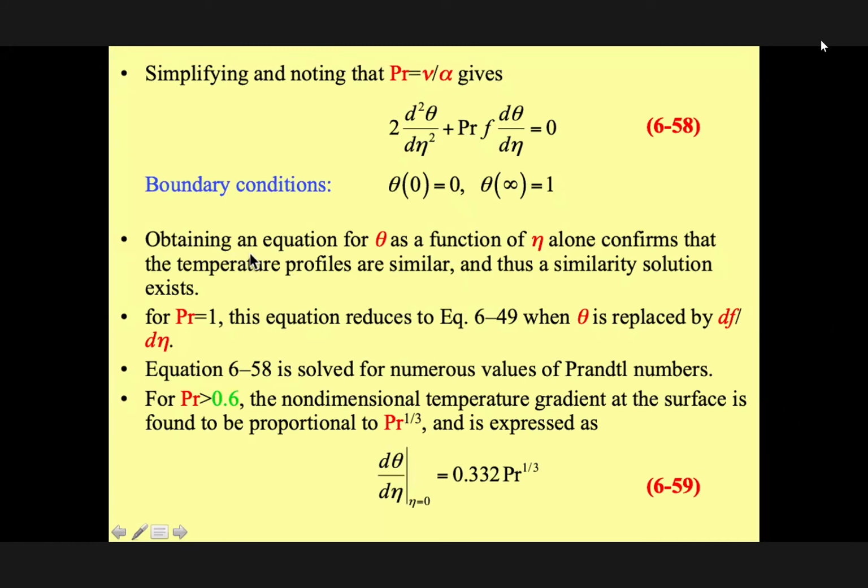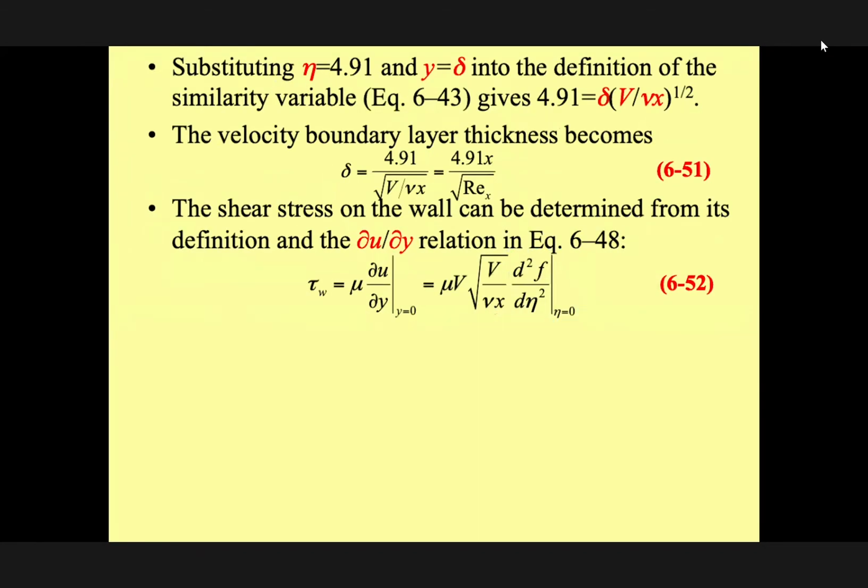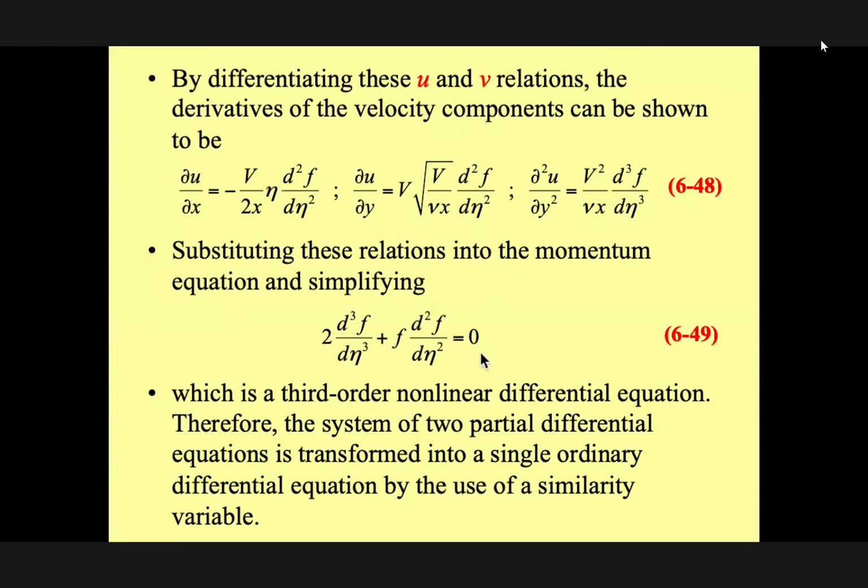Remember here, let me go step by step again. For Prandtl number equal to 1, this equation reduces to 6.49, with theta replaced by this one. And we have a net for the case of Prandtl number, let me go back to here to see it. Yes, equation 6.49.